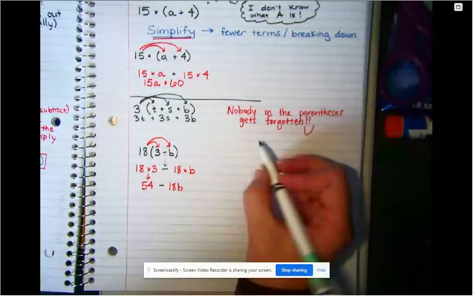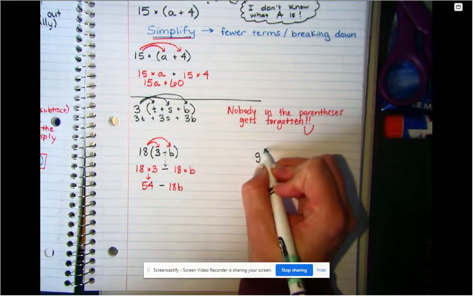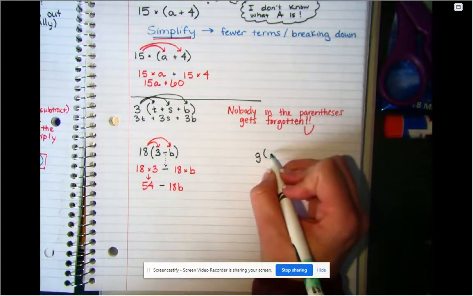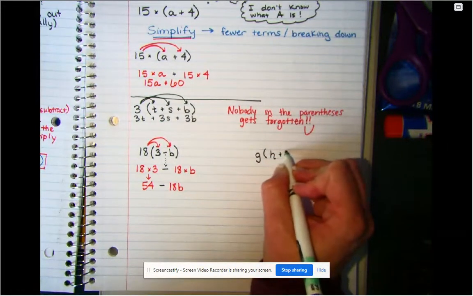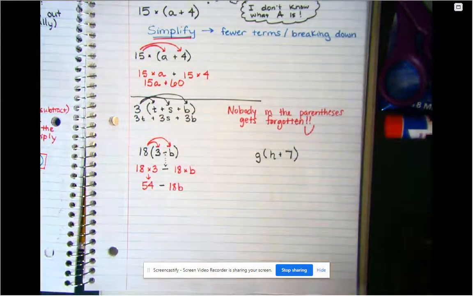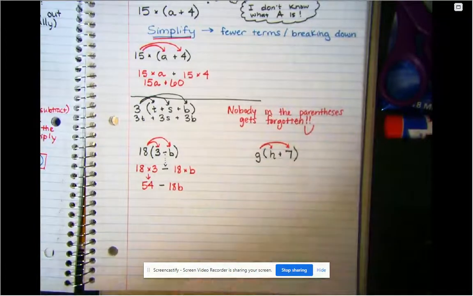Let's try one more. Maybe it's G times the quantity H plus 7. So we don't want to forget little 7 back there.